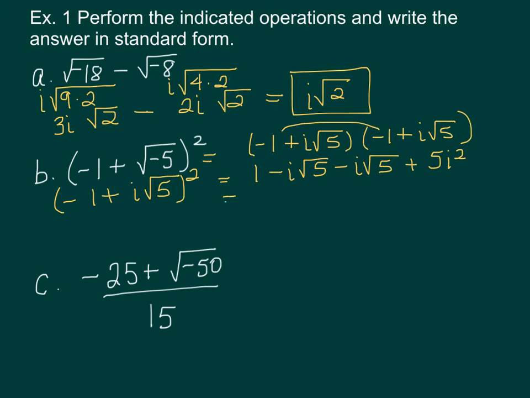My middle terms don't cancel, so I'm going to get negative 2i radical 5 plus 5, there's that i squared. So combining like terms, 1 minus 5 is negative 4 minus 2i radical 5.